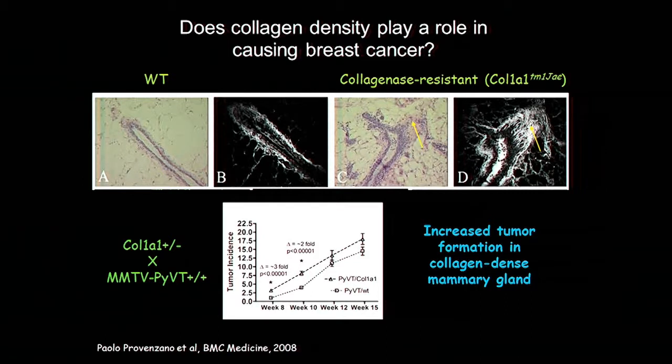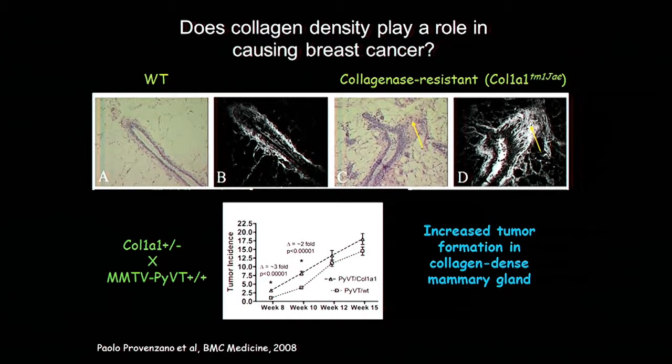This is a normal mouse mammary gland. This is fat around it, and the pink here is collagen. You can see that in white here. Here is one of these collagenase-resistant mice. We'll call them Coll mice. And what you have is more collagen around the mammary gland. And interestingly, already there's this excessive growth of the cells, even when you don't have cancer going on here.